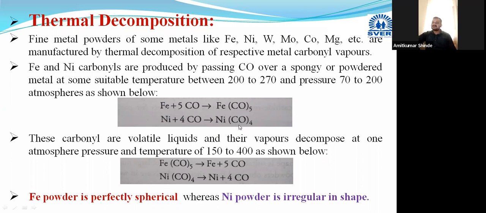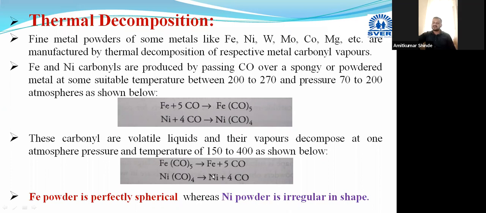Then at the 150 to 400 degrees Celsius temperature range and 1 atmospheric pressure, this nickel carbonyl decomposes. Okay, it breaks and forms the nickel powder particles, plus carbon monoxide gas is released, which is recirculated for the same process. And the powder particles of this nickel element will be irregular in shape.